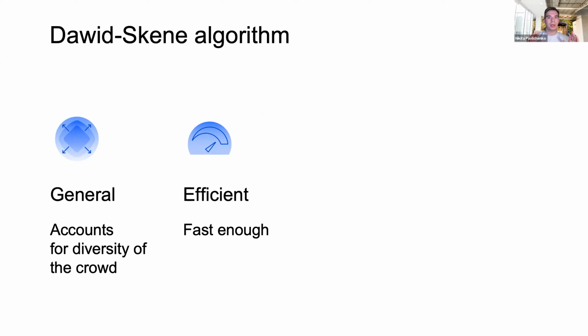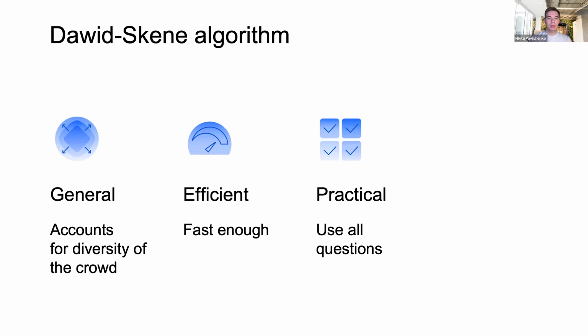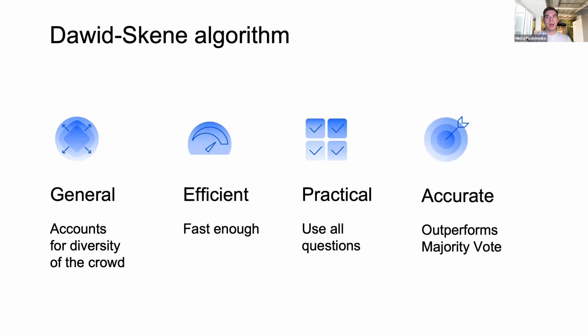Of course, it is slower than the majority vote, but it's fast enough to be run on huge data sets. It's very practical because it uses all the questions, and it's accurate in most of the experiments. It often outperforms the majority vote.